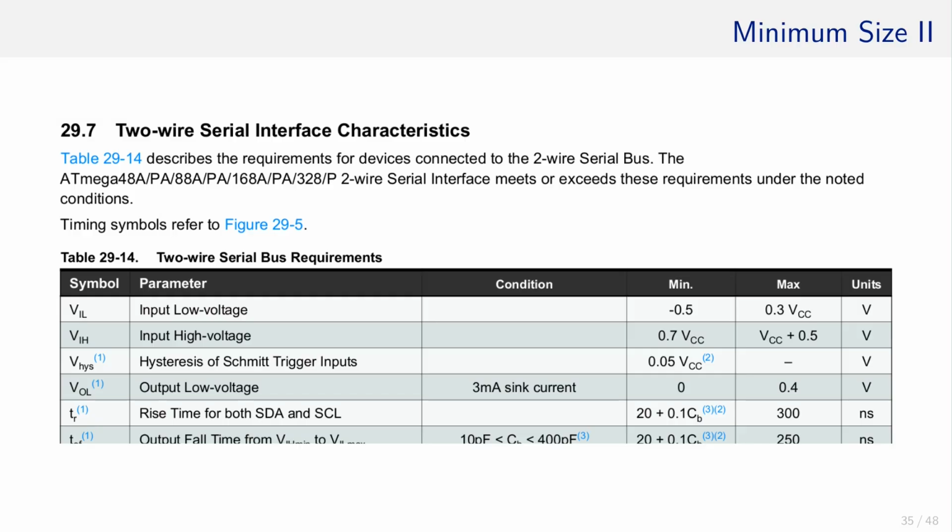The values for those variables can be extracted from the datasheet. Here we see VOL stating that anything between 0 and 0.4 volt is interpreted as a logic 0. And it even says IOL, which is 3 milliamps here.